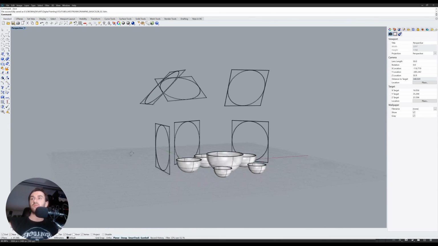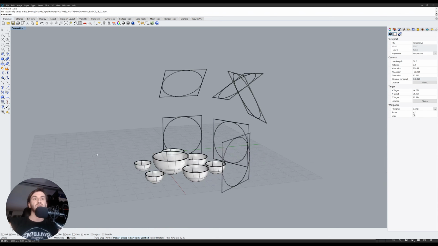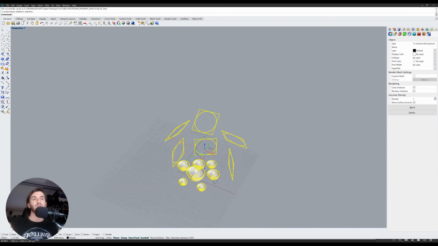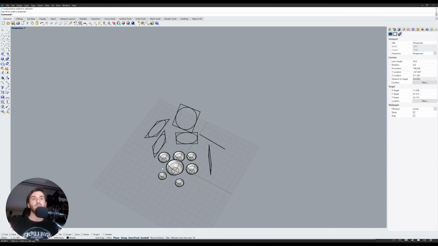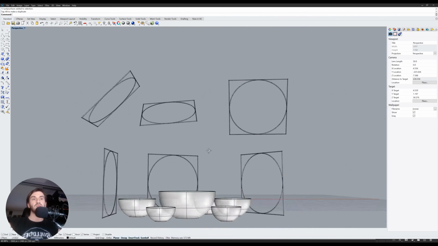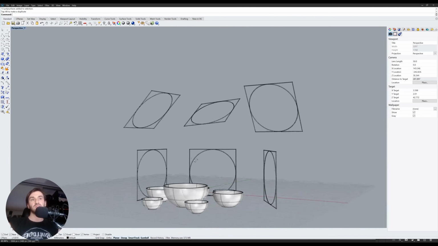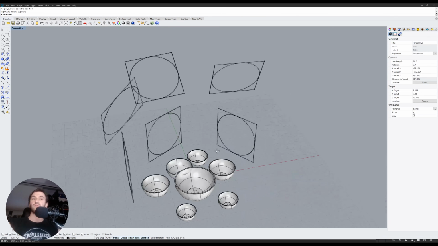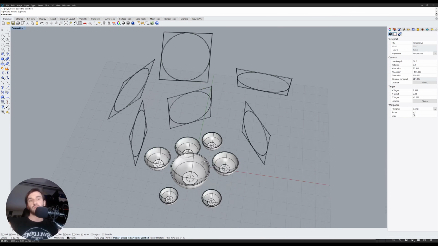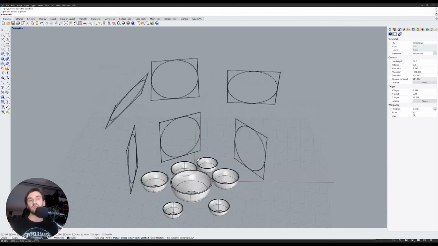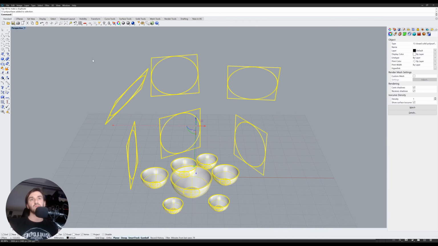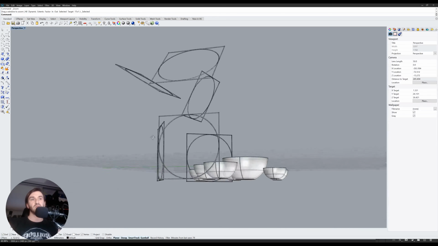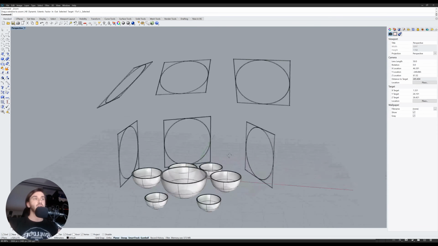Because if you will be playing with those type of objects actually in a 3D software, most likely you will get used to looking at all the ellipses. It will be way easier for you to analyze what is actually happening in this software, and you will get a better understanding of the solids and the volume pretty much instantly, because you will be looking at it from many different perspectives.